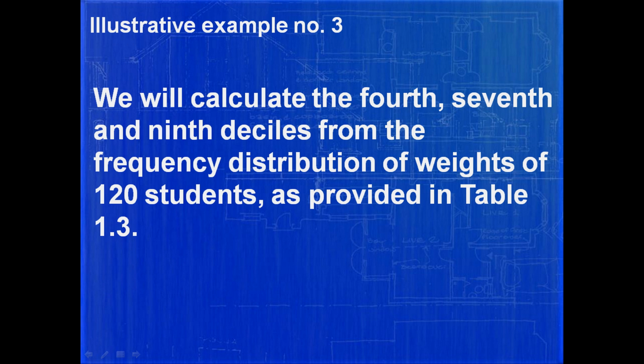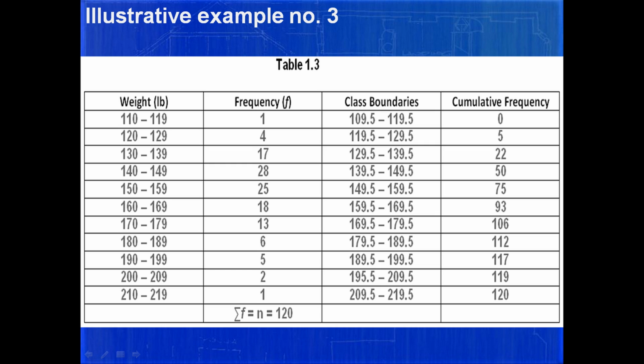So the third illustrative example is we will calculate the 4th, 7th, and 9th deciles from the frequency distribution of weights of 120 students as provided in Table 1.3. Since the data is provided already, all you need to do is to substitute.